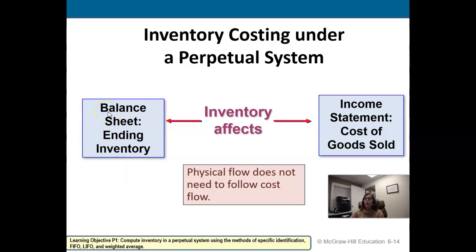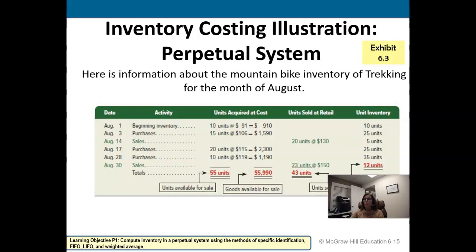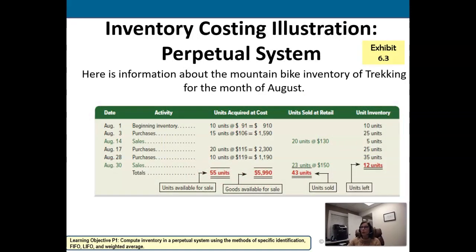The balance sheet will contain the ending inventory for our inventory cost, and the income statement will contain the cost of the goods that we've sold. Our example here is going to be the mountain bike inventory of Trekking for the month of August using the perpetual system.